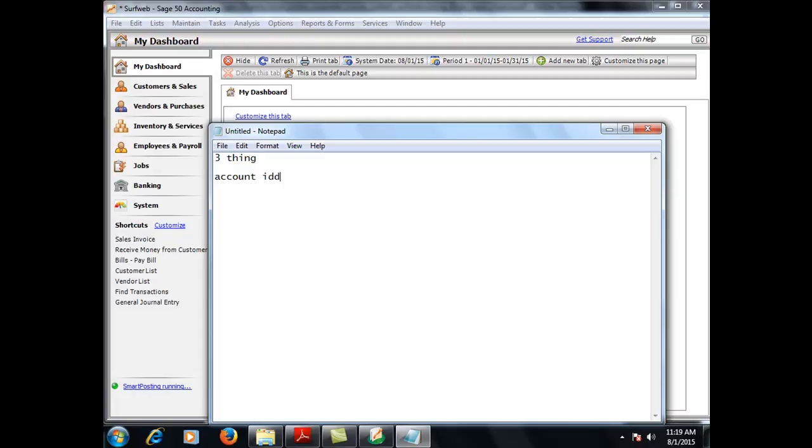Two, account description. That is the name of the account. Three, account type. That is account classification, account category.